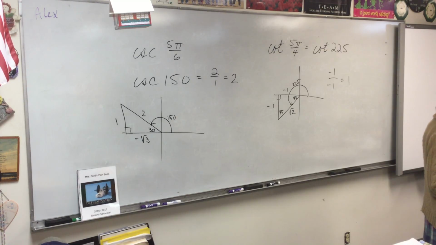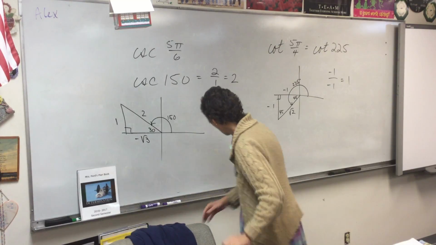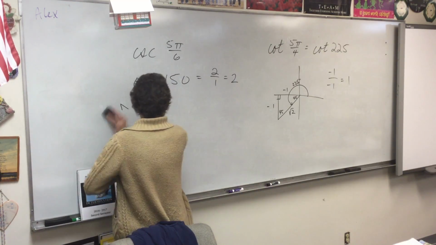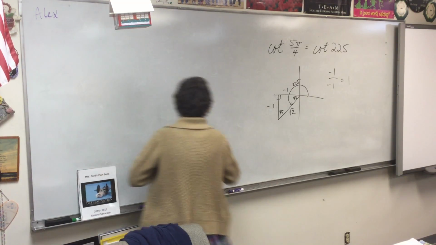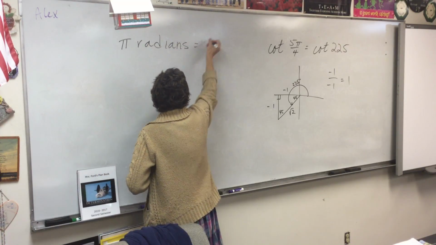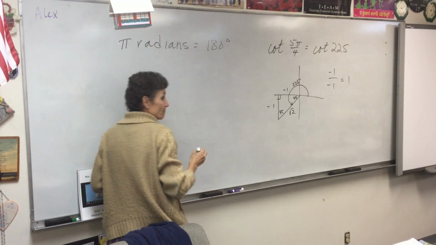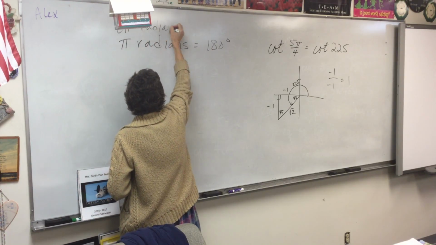Once you get to the trigonometry point, a lot of our work is done in a unit called a radian. Angles are measured in radians. What you need to remember, very simply, is that pi radians equals 180 degrees, which means 2 pi radians would equal what?